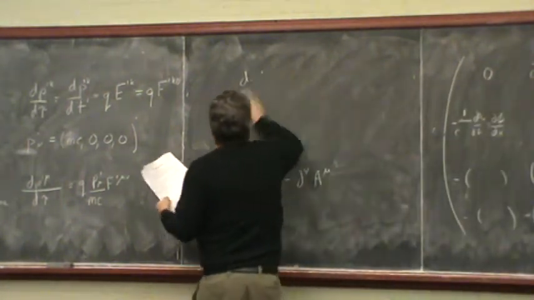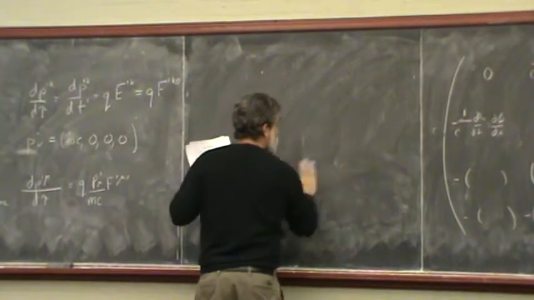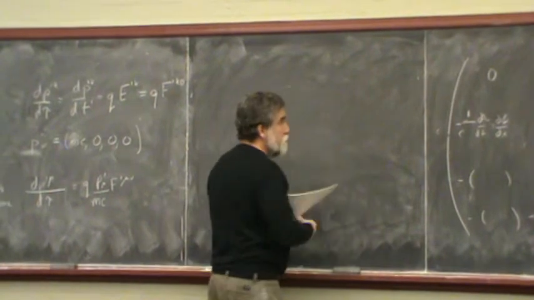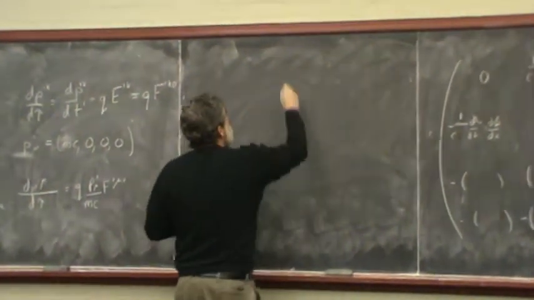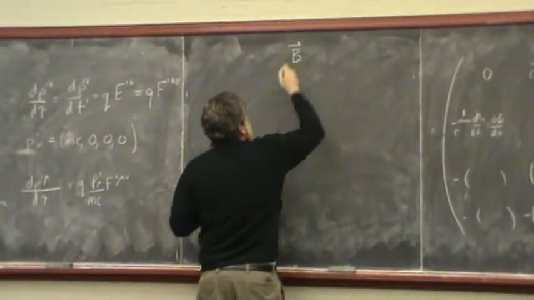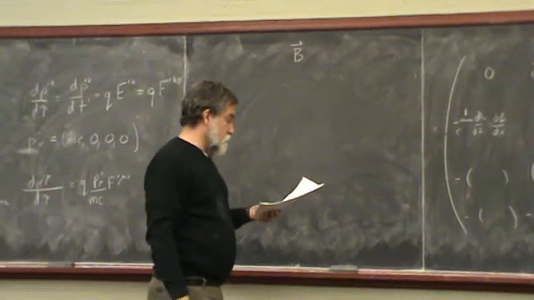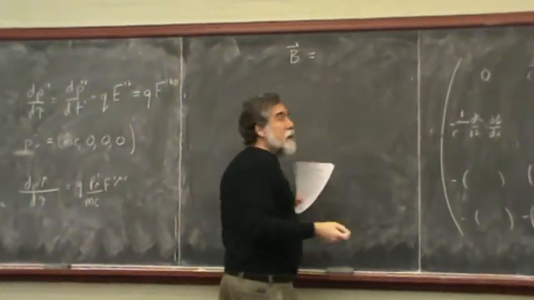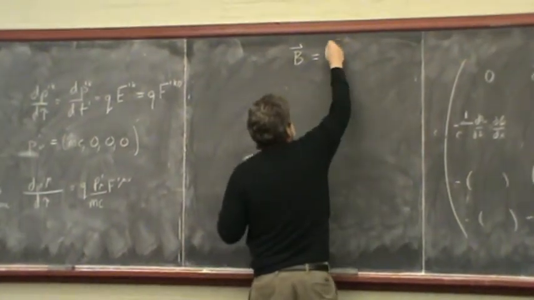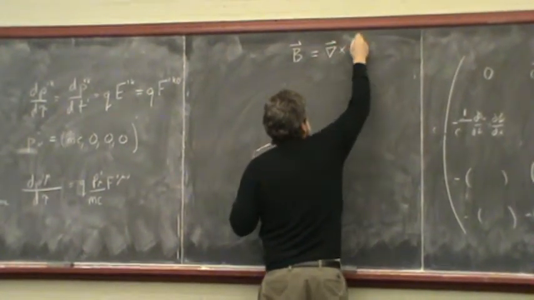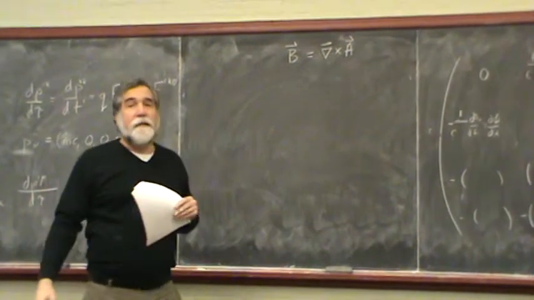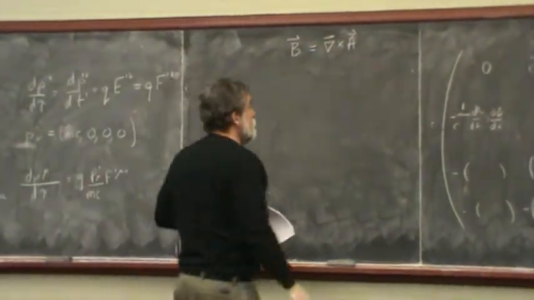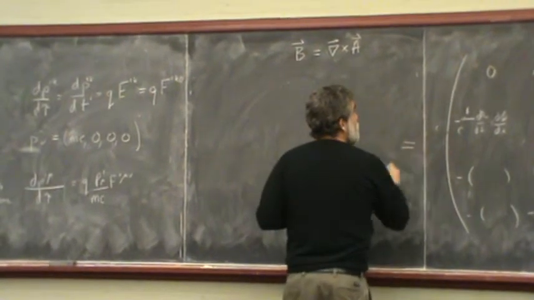So I'm going to make one substitution, which is a completely arbitrary substitution, which is that I'm just going to name some vector. And because it's the next thing that comes after A, I'll call it B. B is curl A. And that makes this look a lot simpler.